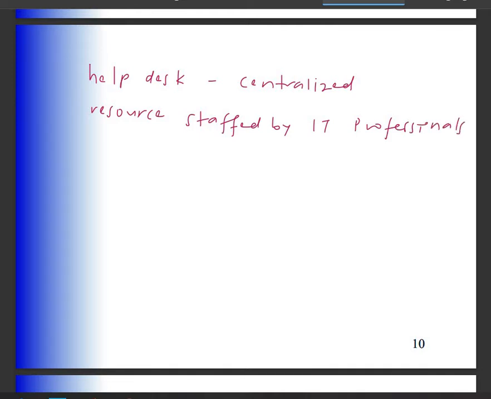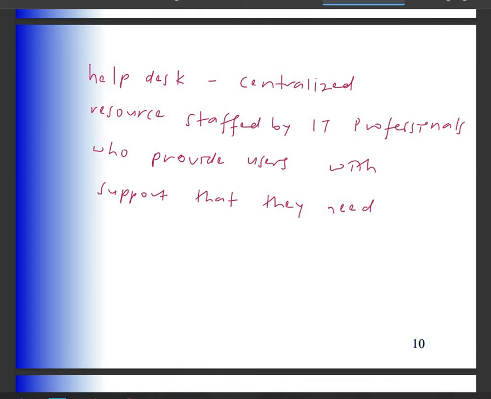Staffed by IT professionals who provide users with support that they need to do their jobs.